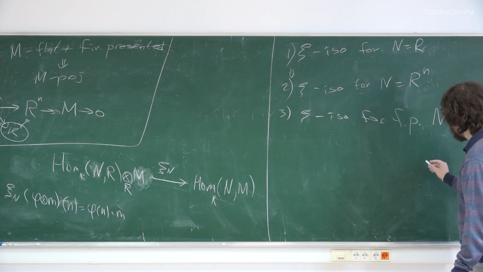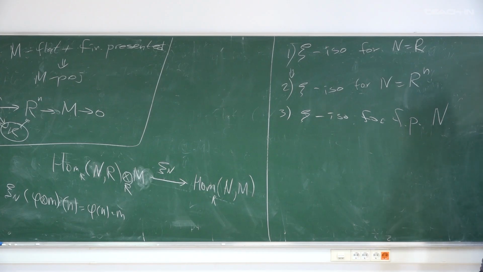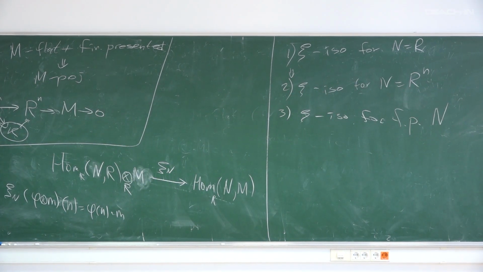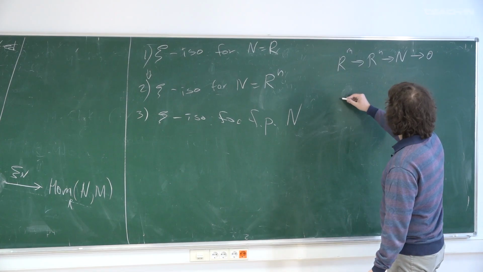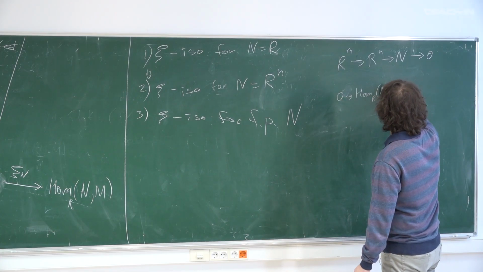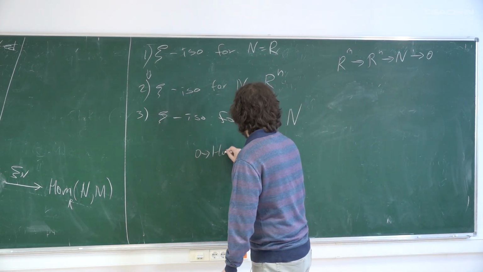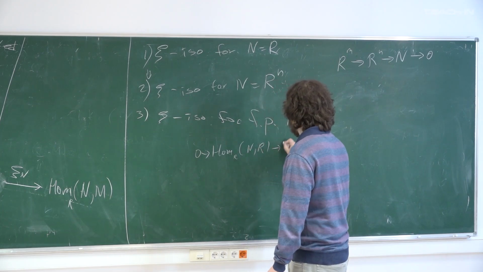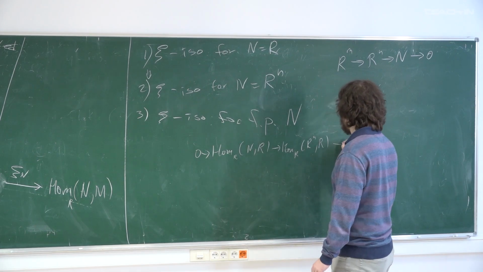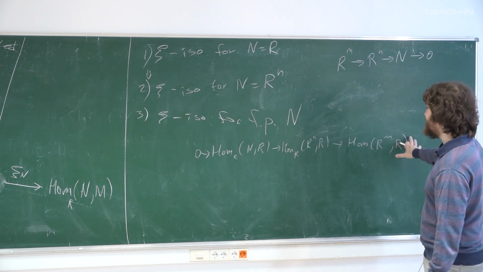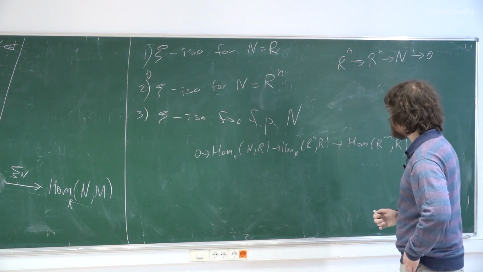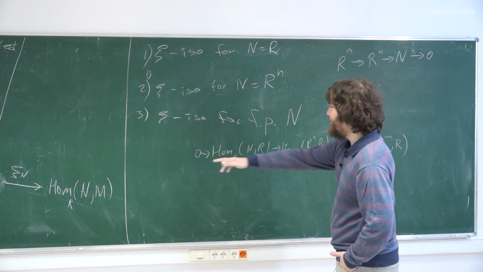If I have R^m, R^n, N, 0, I apply Hom to R, and I obtain, from the left, Hom from N to R, Hom from R^n to R, Hom from R^m to R. I don't know exactness at this place, but I have exactness here and here. And I have not just Hom to M.